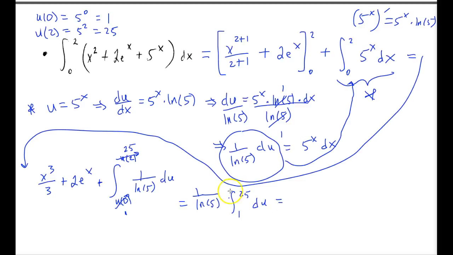Of course, that's like having 1 du. So that means taking the antiderivative is real simple. It's just going to be u. No pun intended here. So we're there, and this will be that times u from 1 to 25.